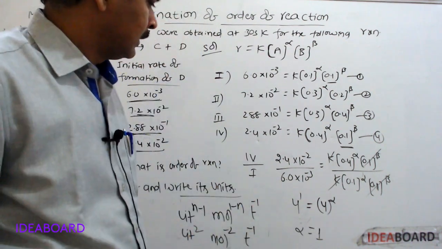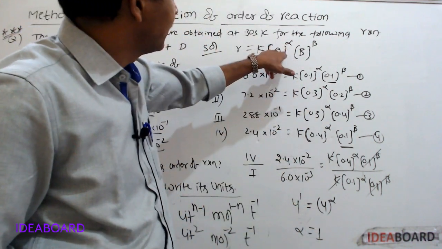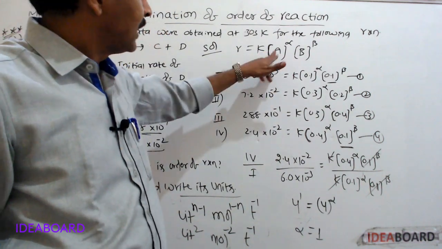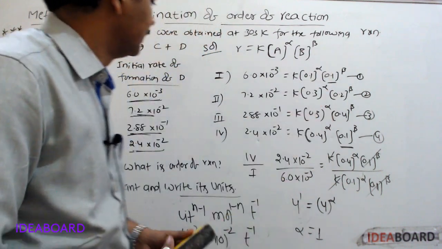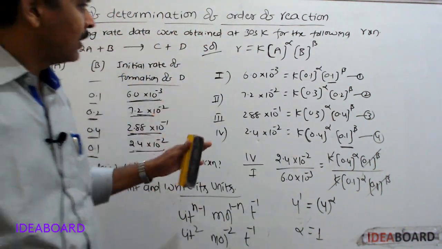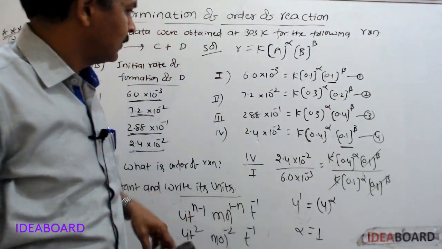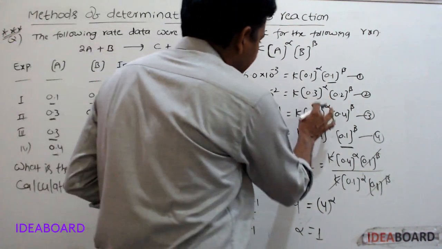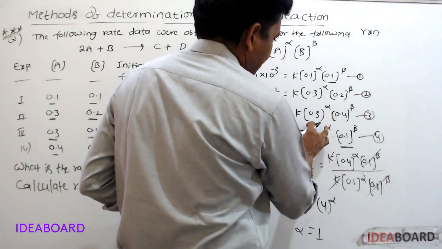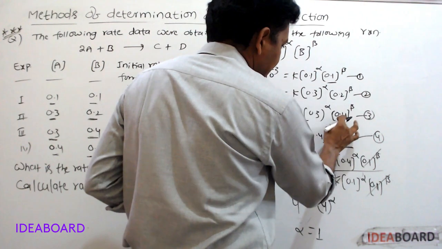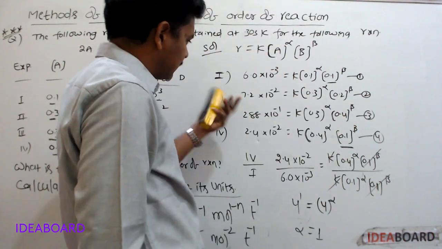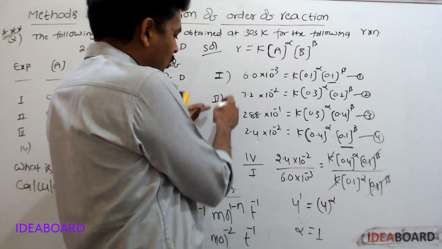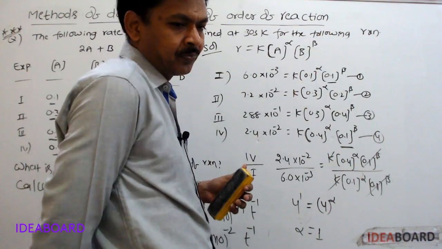So here, what is alpha? Order with respect to A. Order with respect to A is 1. Now let us calculate order with respect to B. To calculate order with respect to B, see here, A concentration is constant, but B concentration is not constant. So I am taking second and third equations. We can take 2 by 3 or 3 by 2 also.